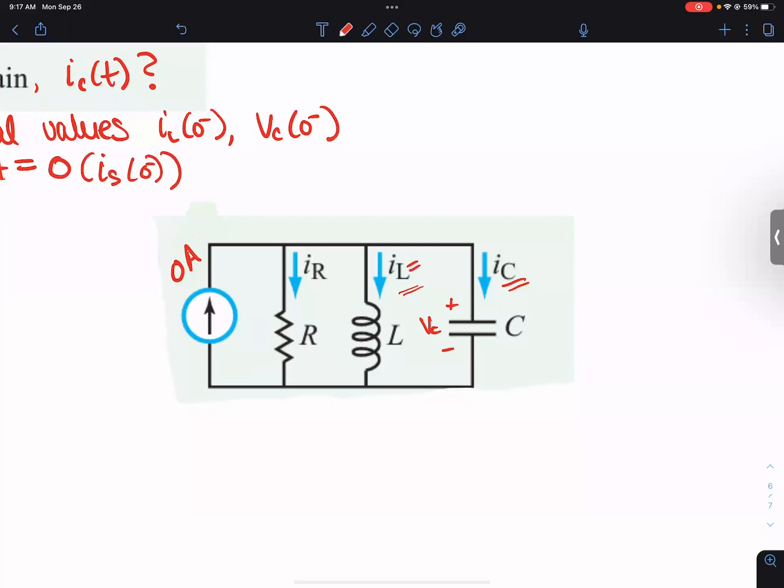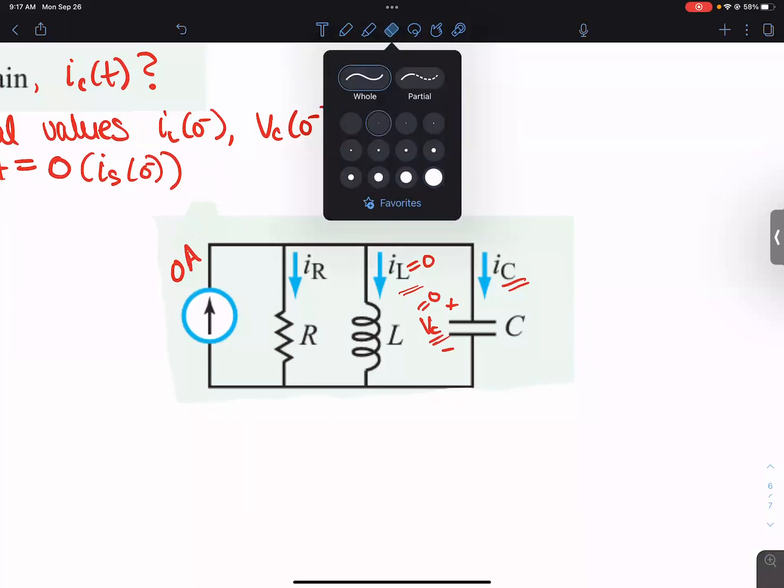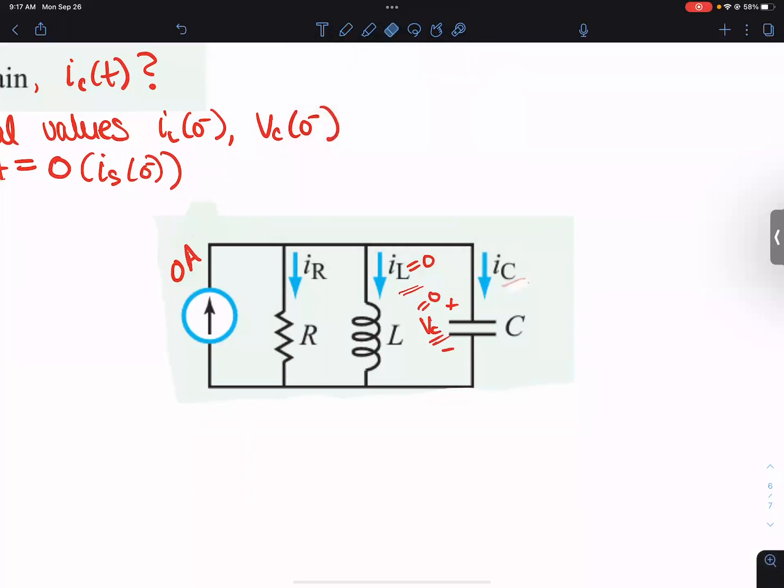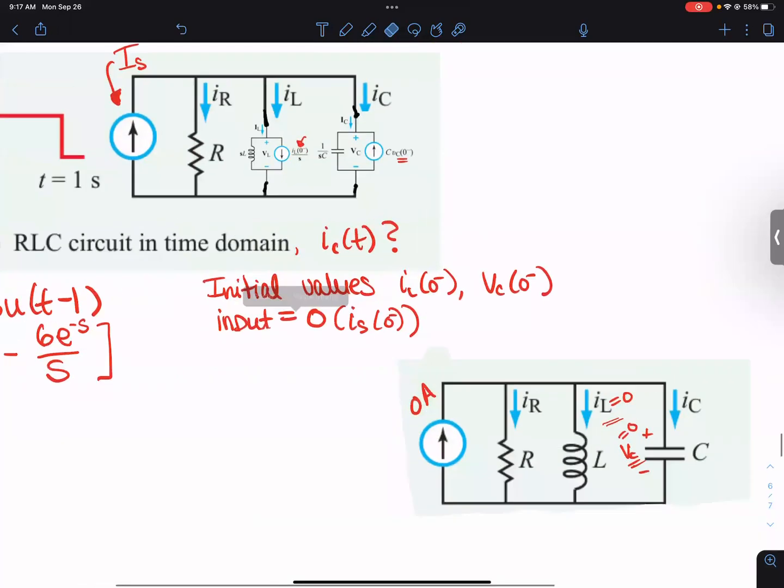Both 0, correct. So we have a 0 here and the voltage is 0. So that makes this circuit easier.